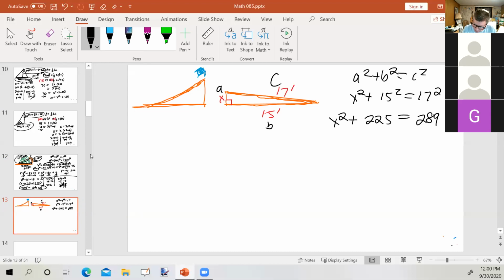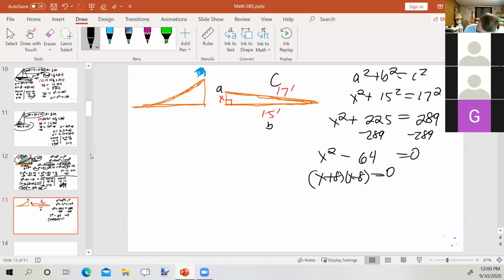So I've got a second degree equation. So I want to set everything equal to 0. So I'm going to subtract 289 from both sides. Let's see, 225 minus 289 is minus 64. I've got the difference of 2 squares, x plus 8, x minus 8 equals 0, x plus 8 equals 0, x minus 8 equals 0.